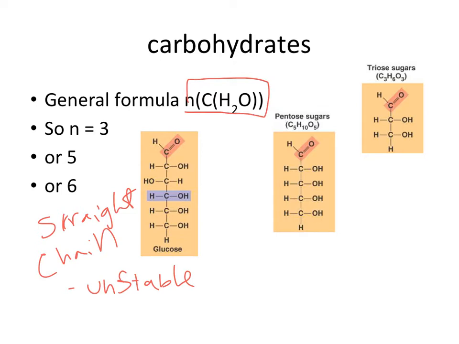And you have 1, 2, 3, 4, 5, 6. So that's what makes it glucose. Pentose, that's 5. You have 5 carbons. Triose is 3. You have 3 carbons. We are not going to look at any 3-carbon molecules, and we're not going to look actually at any pentose molecules as well in this class. We're going to focus just on our 6-carbon molecules.